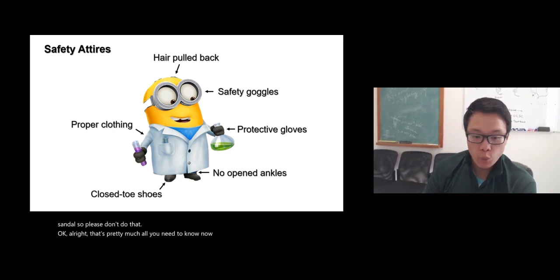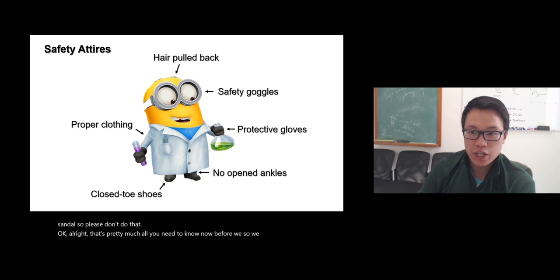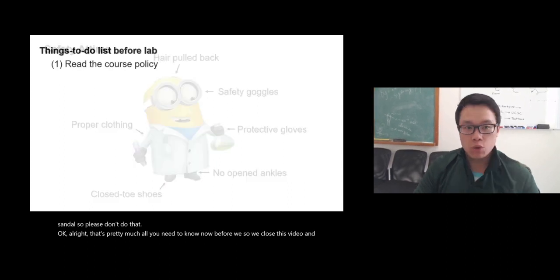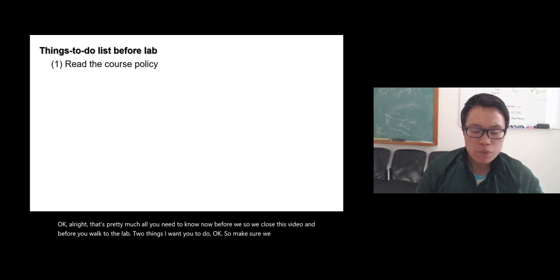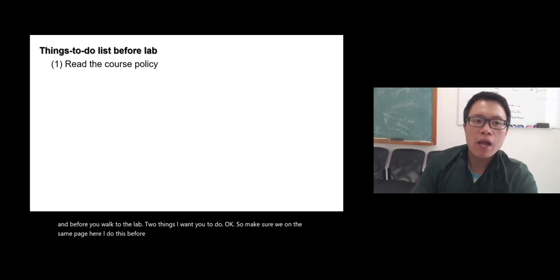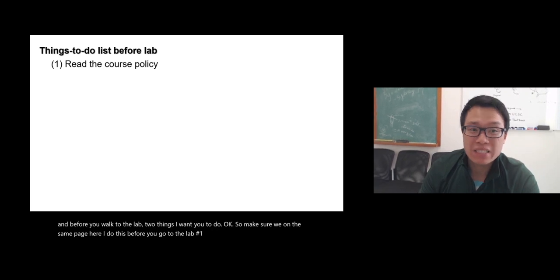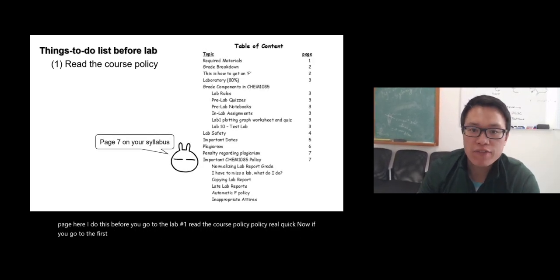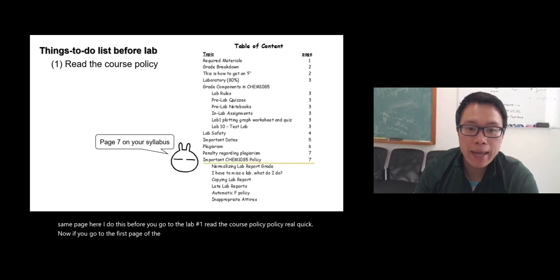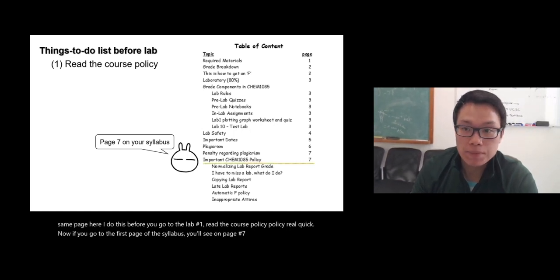Now before we close this video, and before you walk into the lab, two things I want you to do. Make sure we're on the same page here. Number one, read the course policy real quick. If you go to the first page of the syllabus, you'll see on page number 7, that's the course policy.